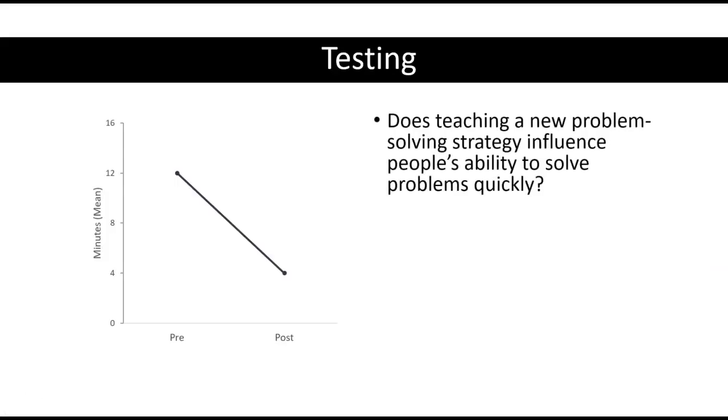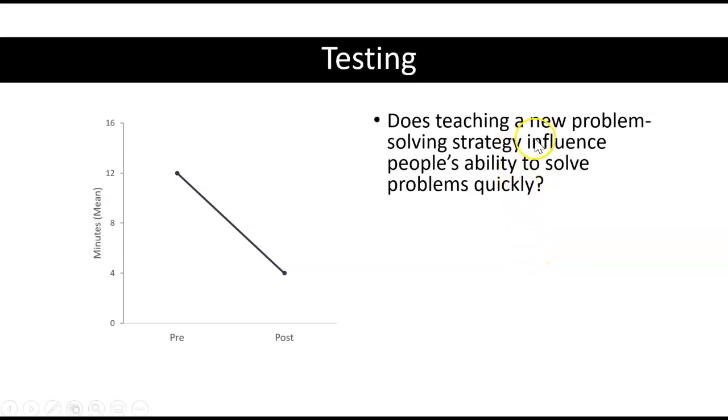So here's an example of a testing effect. In this case, you're saying, does a new problem-solving strategy influence the ability to solve problems quickly? Well, you're measuring the speed of problem solving, and from pre to post, you do see that it takes people less time to solve problems. Now, is it the new strategy, or is it just the fact that they've gotten slicker at your test because they're now familiar with it on the second try?